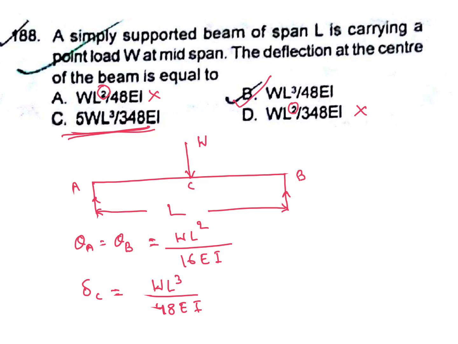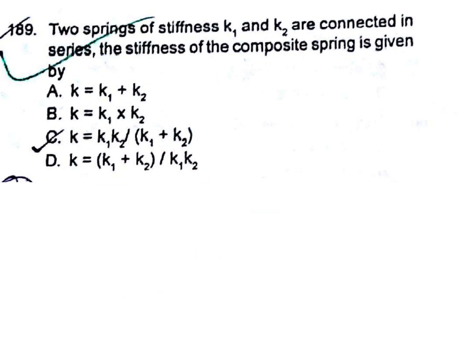Two springs of stiffness K1 and K2 are connected in series. This one was also already discussed. For series connection, the equivalent stiffness is K1 into K2 divided by K1 plus K2.